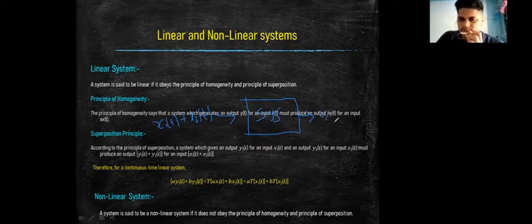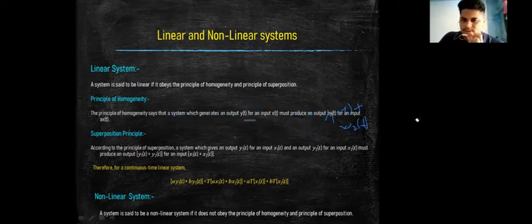So the output must be y1(t) plus, you guessed it right, y2(t). So that's the principle of homogeneity and superposition principle.